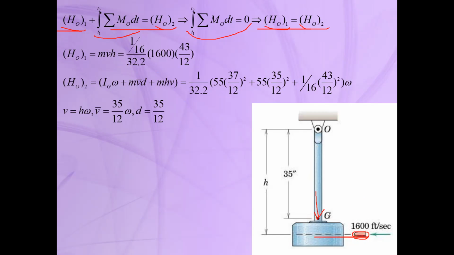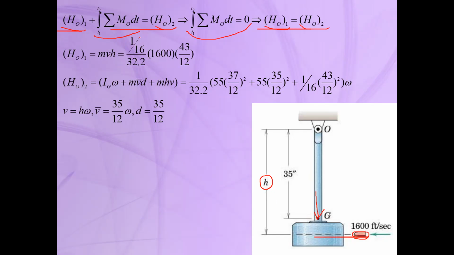The angular momentum due to this particle about point O is equal to mvh, where v is the velocity, m is the mass, and h is the distance between this particle and point O. It's like the arm when you are calculating the moment, which for this velocity direction is h.